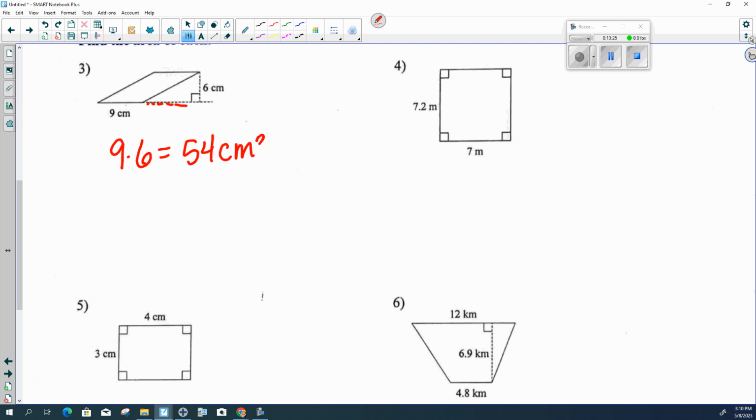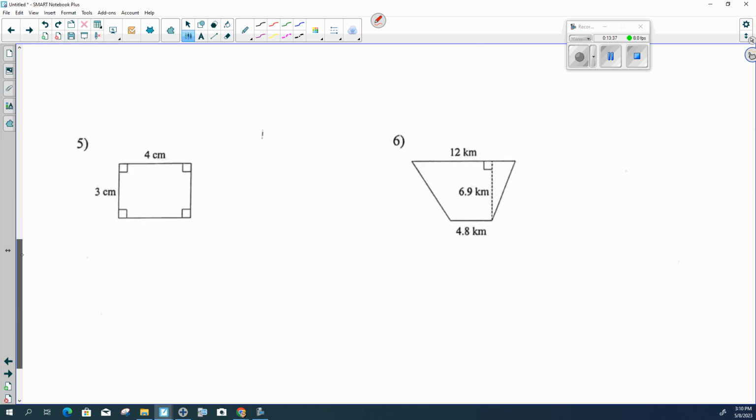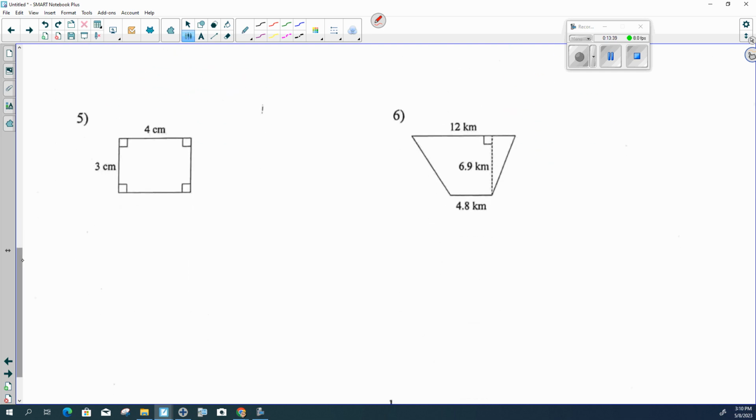And it is square units because it's area. Base times height. Square units because it is area, meaning I could fill it up with 50 little squares. Base times height. Units squared, it's area.